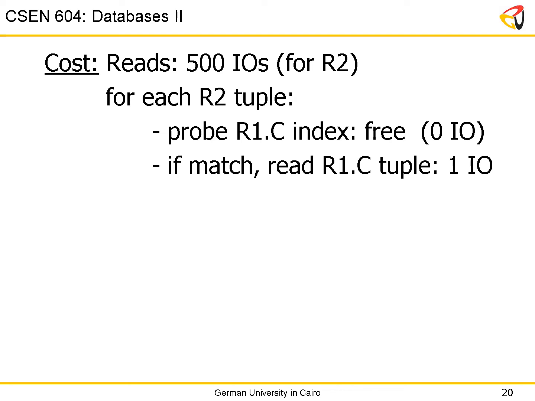So I go into R1.C with 700 and the index tells me yes, and here it is. It's on another, completely different page than the one that had the 20. So I go and read that page to get the tuple for 700 to include it in the result set. And this continues on. Every time I go to R1.C and find a match, I am paying 1 IO to read the page that has the tuple.